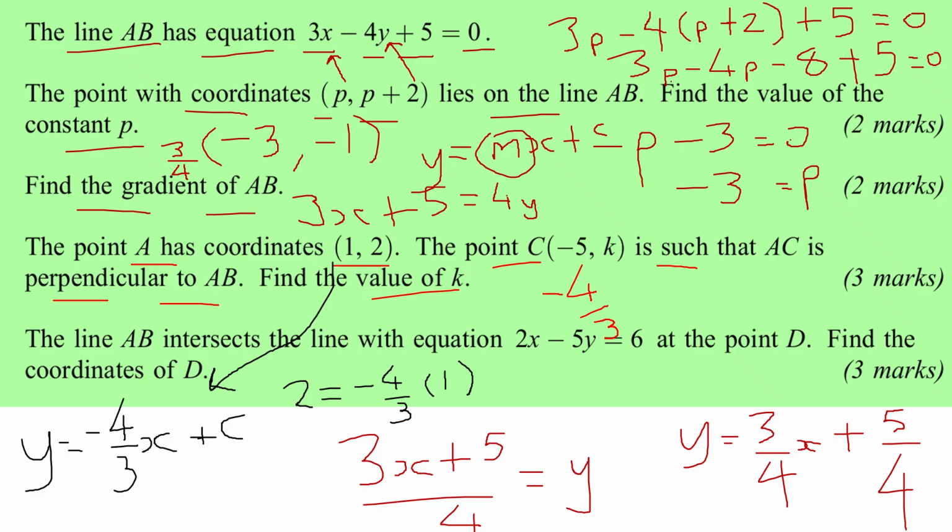Anything times 1 is itself. So now 2 is equal to minus 4 thirds plus c. I'm going to add 4 thirds to both sides. Think of 2 whole as 6 over 3, or 6 thirds. Adding 4 thirds, therefore c is equal to 10 thirds.